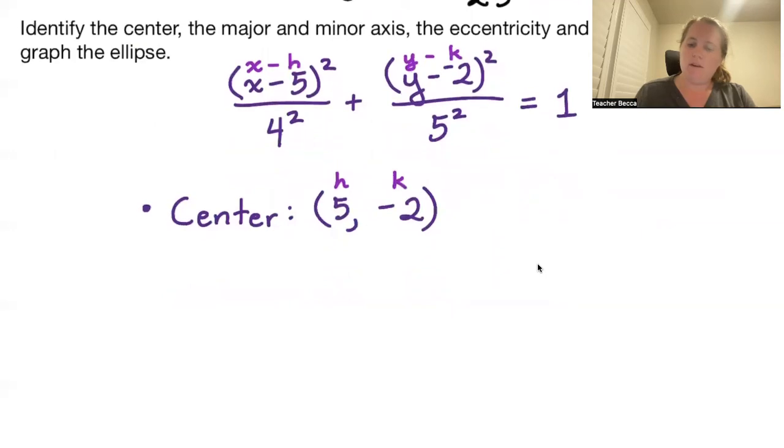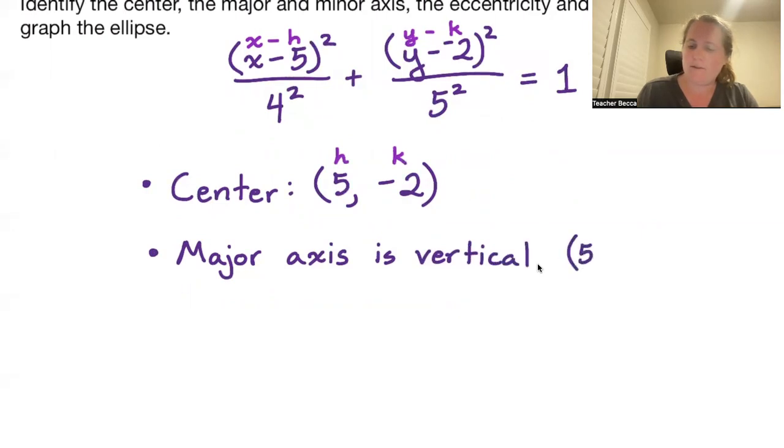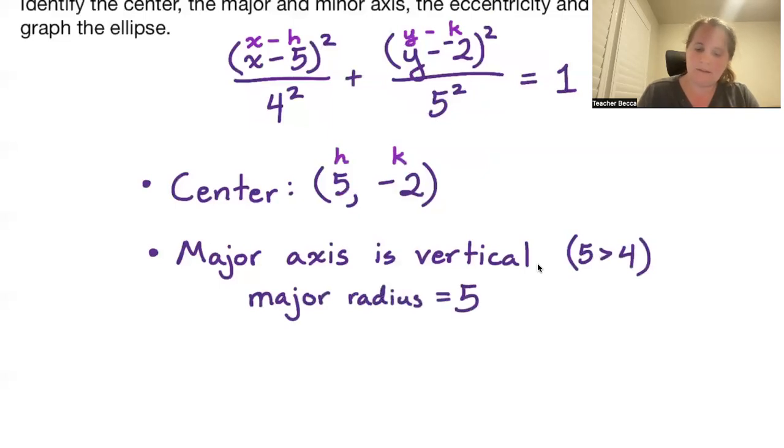The major axis should be vertical. 5 is bigger than 4, right? So the one along y would be our major axis. The major radius is 5.